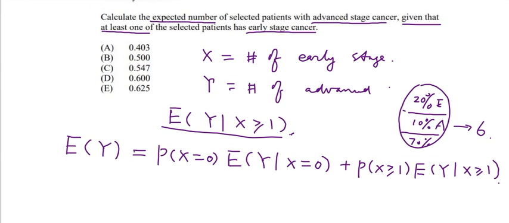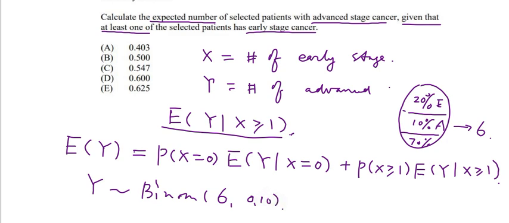Here's a key point: you pick 6, and for each one you either pick from this part or not. So the total number picked from this part is just binomial: you try 6 times, and each time the chance of picking from this part is 10%.